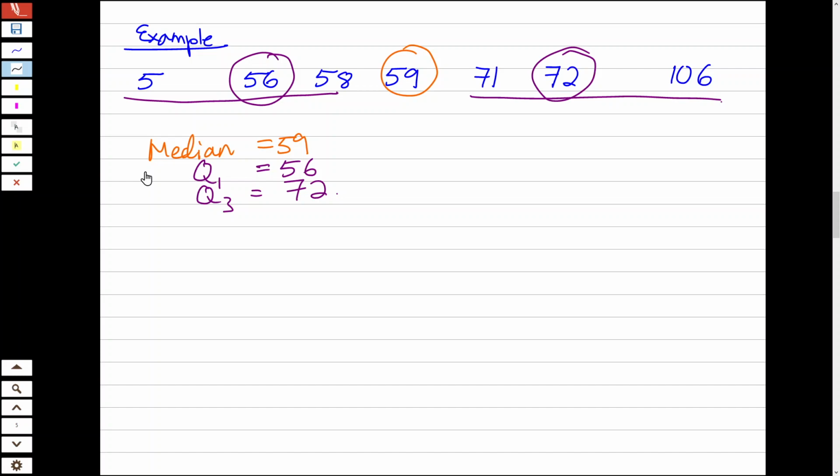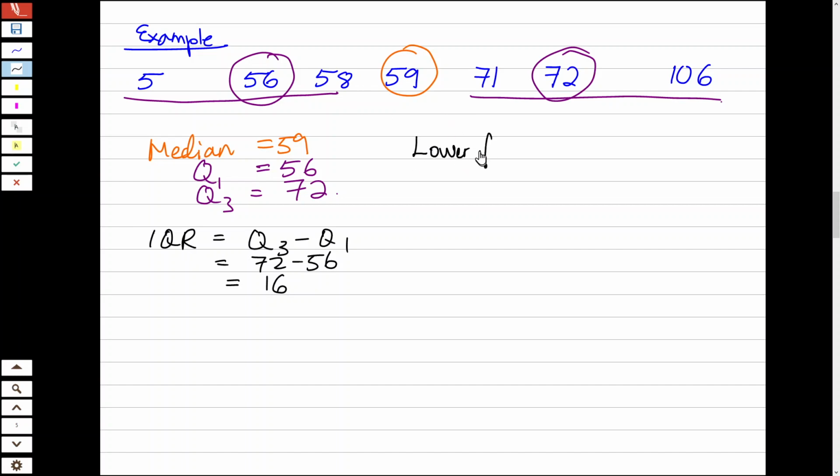So if you look at your diagram, you'll see that an outlier is either below the lower fence or above the upper fence. And to calculate the fences, we need the interquartile range. So I'll do that now. The interquartile range is Q3 minus Q1, which is 16. I think I'll just do this calculation for you.